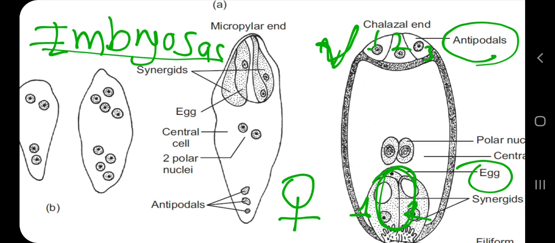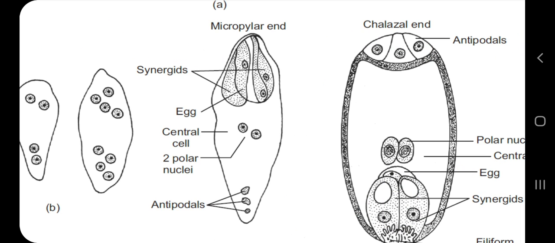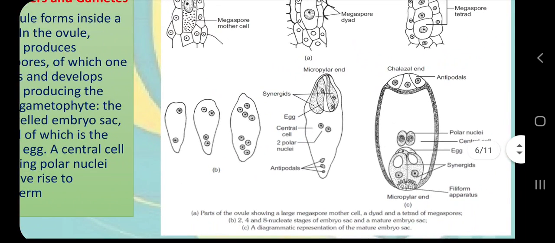This is the egg cell. So we have 3 antipodals, 2 synergids and 1 egg, finally 6 cells, and then this big cell in the center is called the central cell, which has 2 polar nuclei.